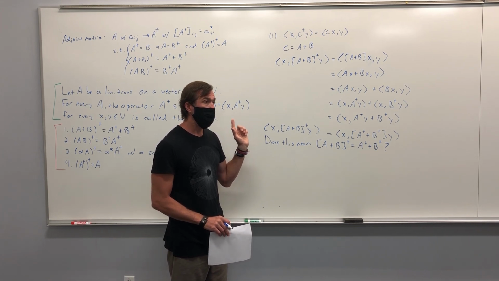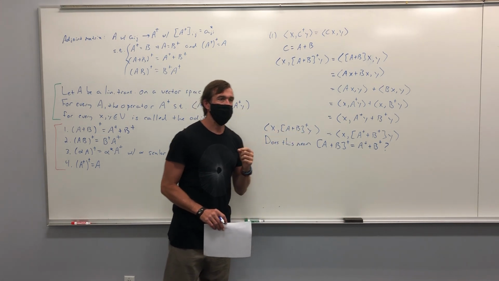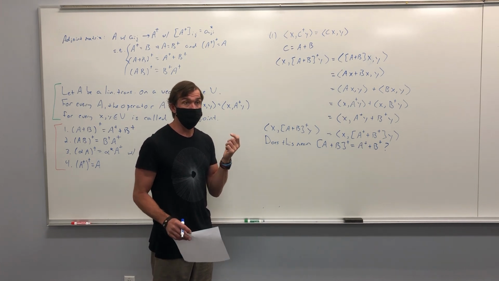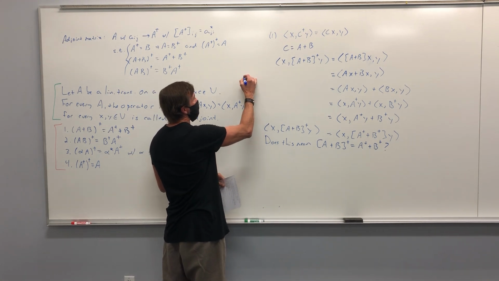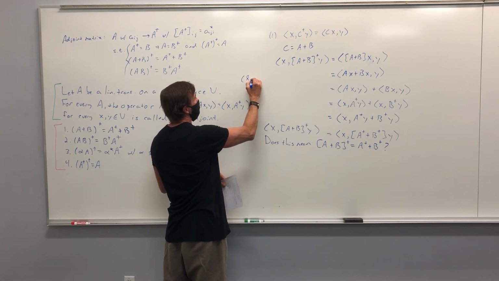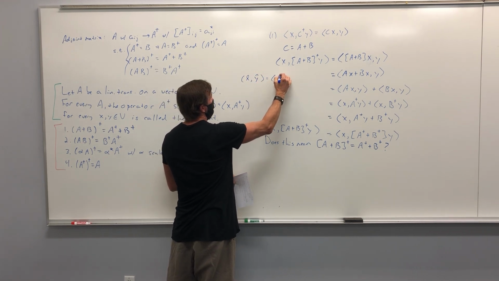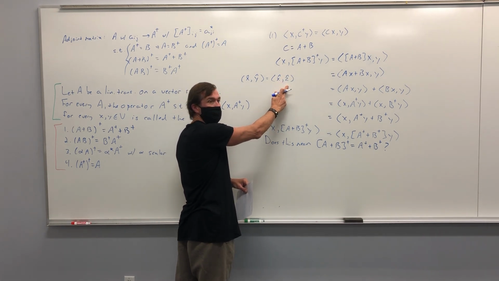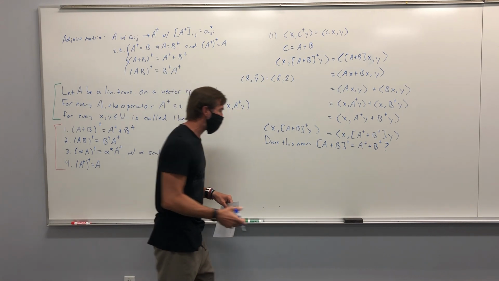Okay? That means that the inner product is going to be 0 even though this thing is not 0. Okay? What I'm trying to say is, if I take the inner product of the x-axis with the y-axis, that's equal to the inner product of the x-axis with the z-axis. Does this mean y is equal to z? No, they're just both equal to 0. It doesn't mean they're the same, okay?